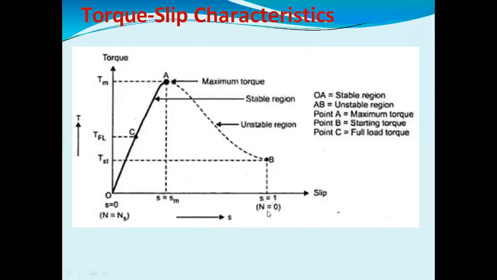Here, when N equal to NS, slip is 0, and slip is 1 at start. For that, we have drawn the torque slip characteristics, where OA is the stable region, AB is the unstable region, point A is the maximum torque, point B is the starting torque, and point C is the full load torque.